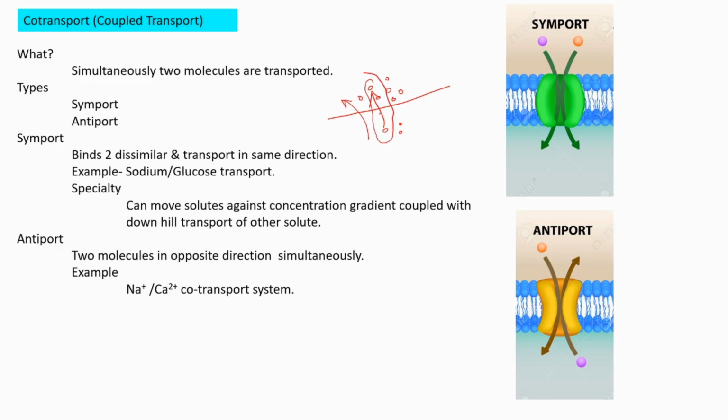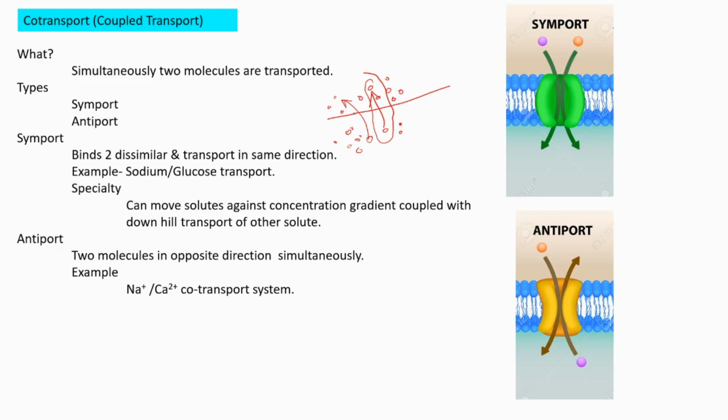For that, energy is required. From where the energy required for that process is obtained, that I am explaining. It is coupled with the transport of some other molecule, and that molecule's concentration is more here and less on this side. So its transport occurs in the direction of the concentration gradient.